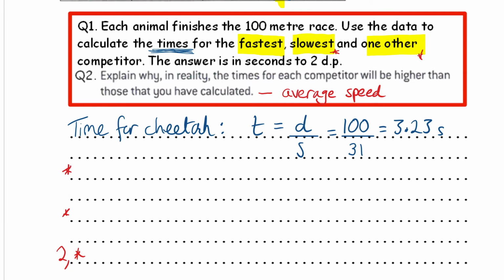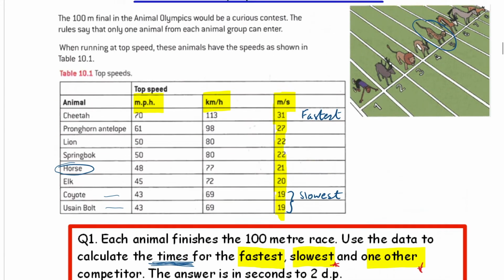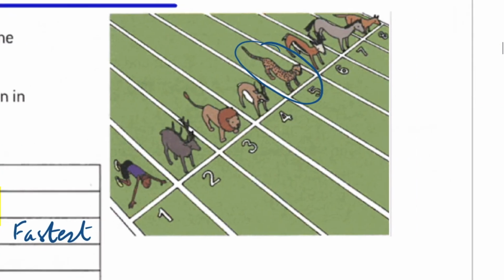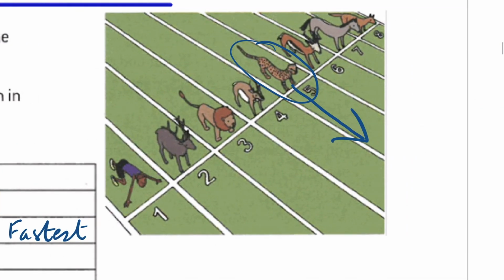Question 2, explain why in reality the times for each competitor will be higher than those you've calculated. It's all to do with the fact that in our calculation we're using 31 meters per second for the cheetah, which is not his average speed, it's his top speed. Because if you think about it, when that cheetah starts running, he's not going to be running at 31 meters per second straight away.